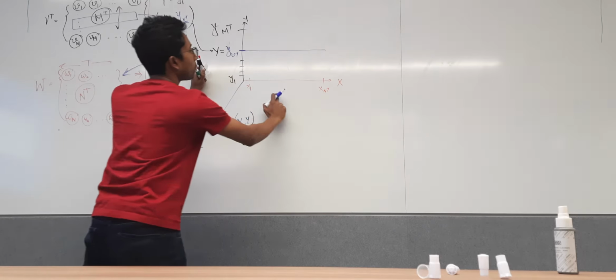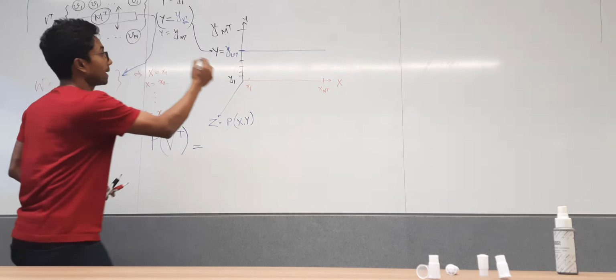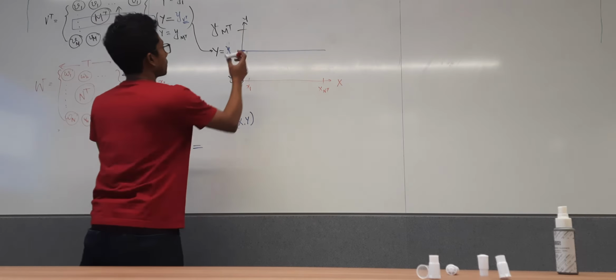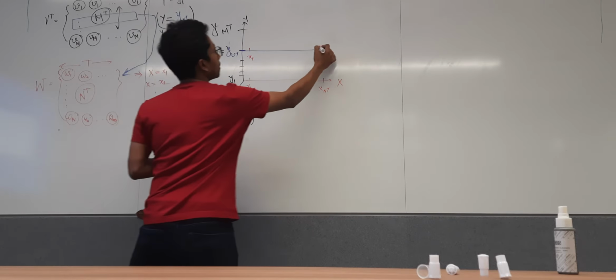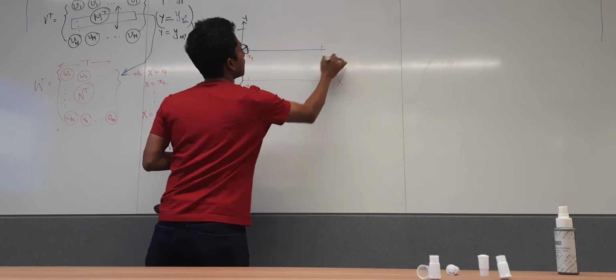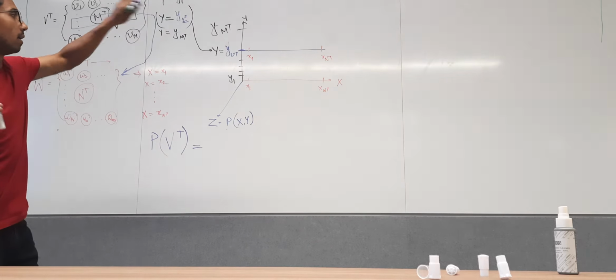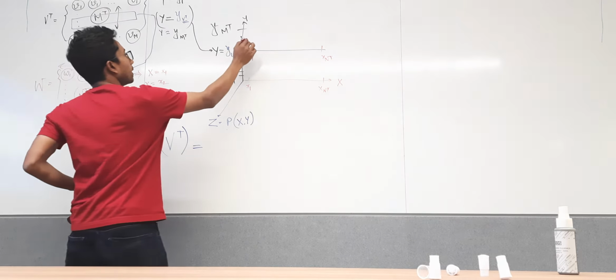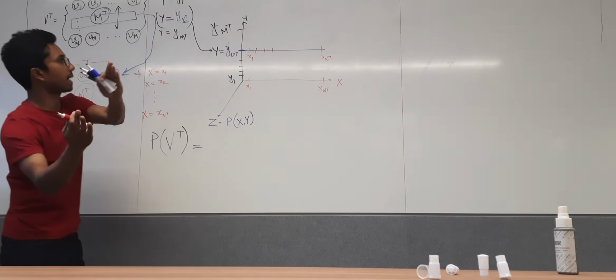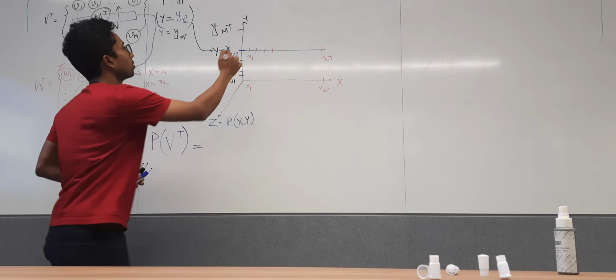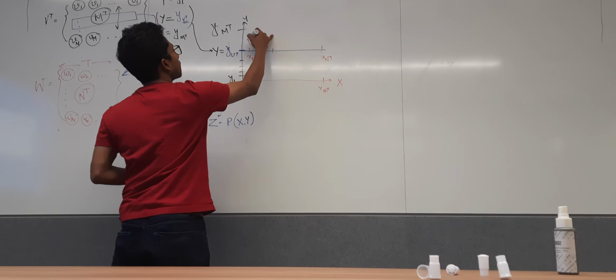It will be a joint distribution of this random variable taking this value with the possible values that x can take, starting from x1 to x n to the power t. And if we look at the probability distribution, they will have discrete jumps coming out of this z-axis.